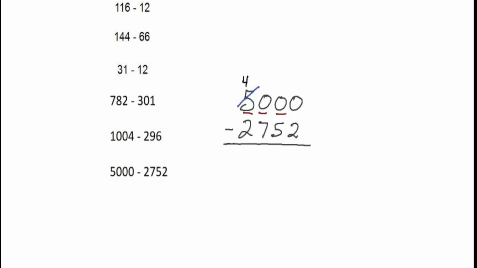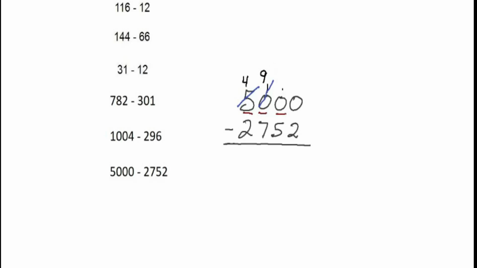And the 1 we just borrowed goes over the 0 in the hundreds column. Now we're ready to borrow from 10. We're going to cross out 10, and 10 becomes 9. The number in the hundreds column is now a 9. And the 1 we just borrowed goes over the 0 in the tens column.